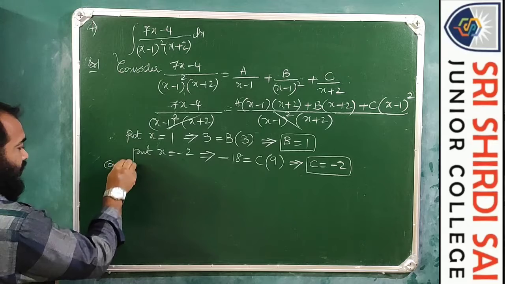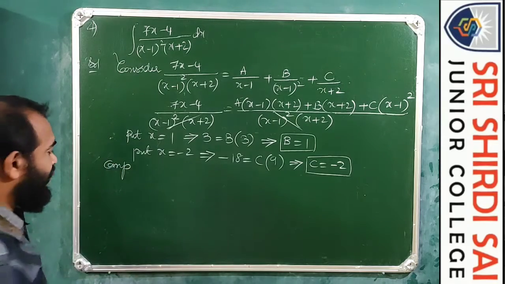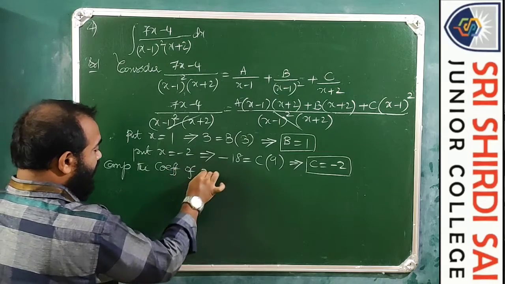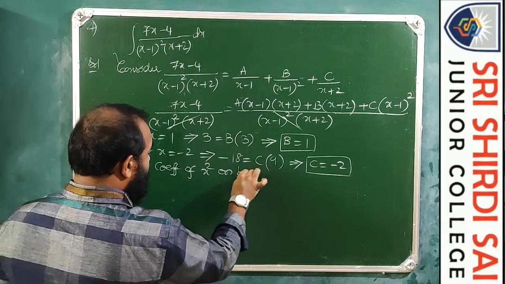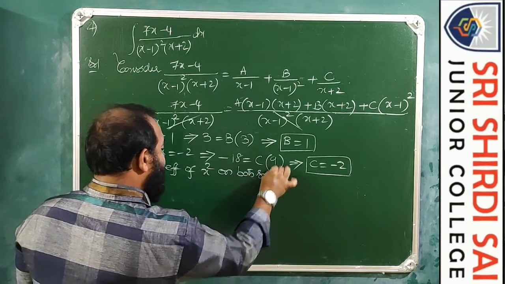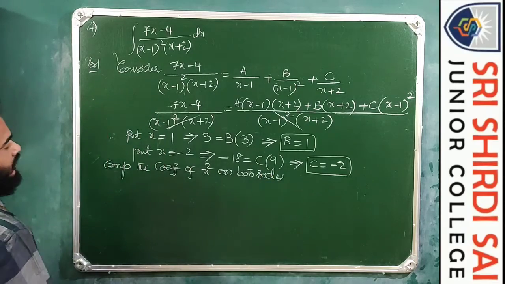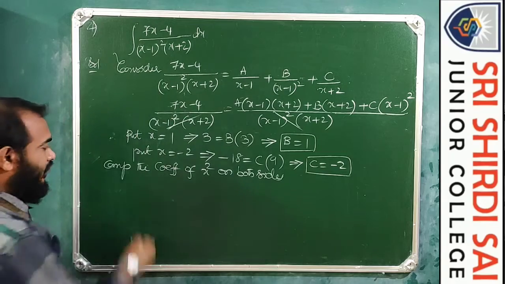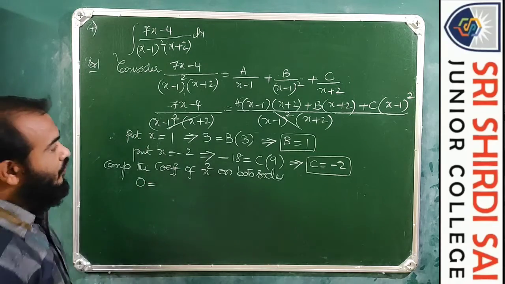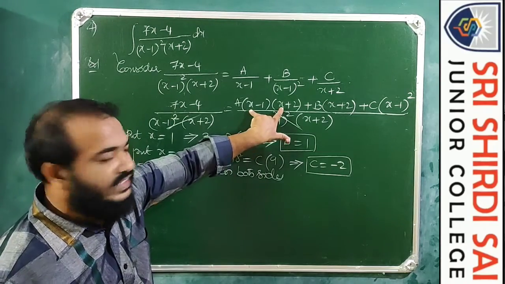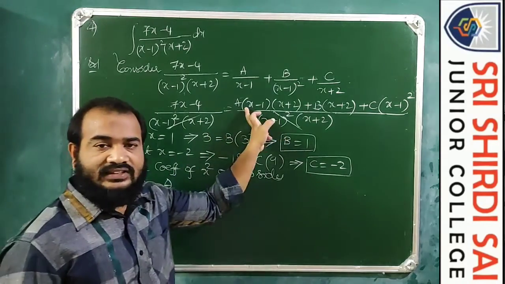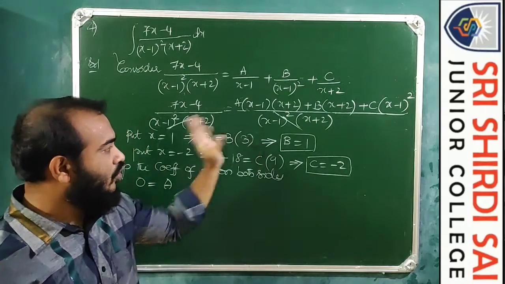And now let us compare the coefficients. Comparing the coefficients of x^2 on both sides, we don't have any x^2 term on the LHS, therefore its coefficient is 0. On the right, x into x gives x^2 with coefficient A, and the remaining terms are x and constants, so we ignore them.